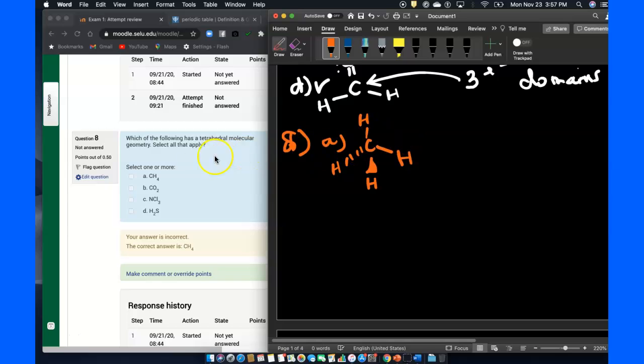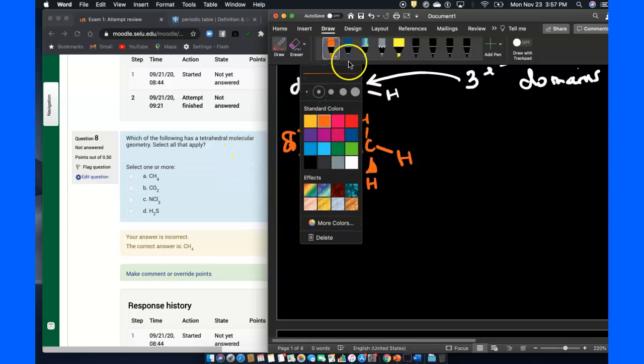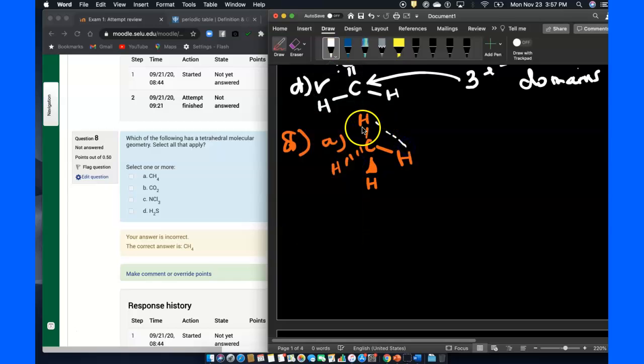Again, we know the definition of molecular geometry. You connect the atoms, not the bonds. So you see, this looks like a Tetra Pak. A Tetra Pak will have this kind of shape in 3D, with the bond back there.